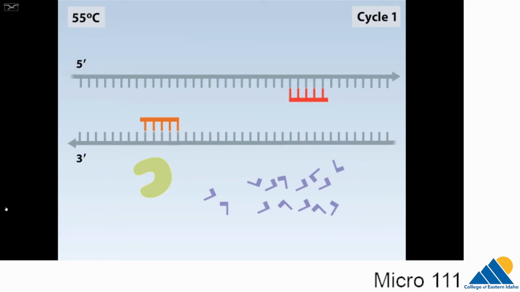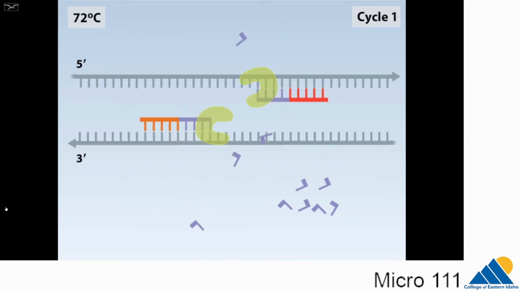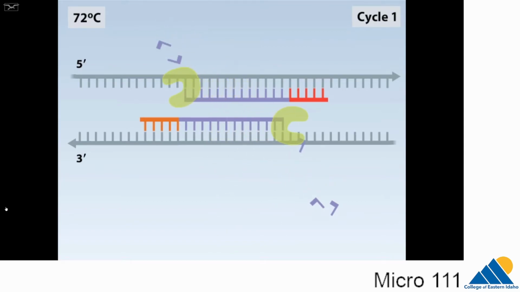The oligonucleotide primers, which are usually 20 to 30 nucleotides in length, are made so that they are complementary to the flanking sequences. The temperature is then brought to 72 degrees Celsius, which is the optimal reaction temperature for the heat-stable DNA polymerase. The polymerase uses the primers as starting points for DNA synthesis, adding one nucleotide at a time to create a complementary strand of DNA.